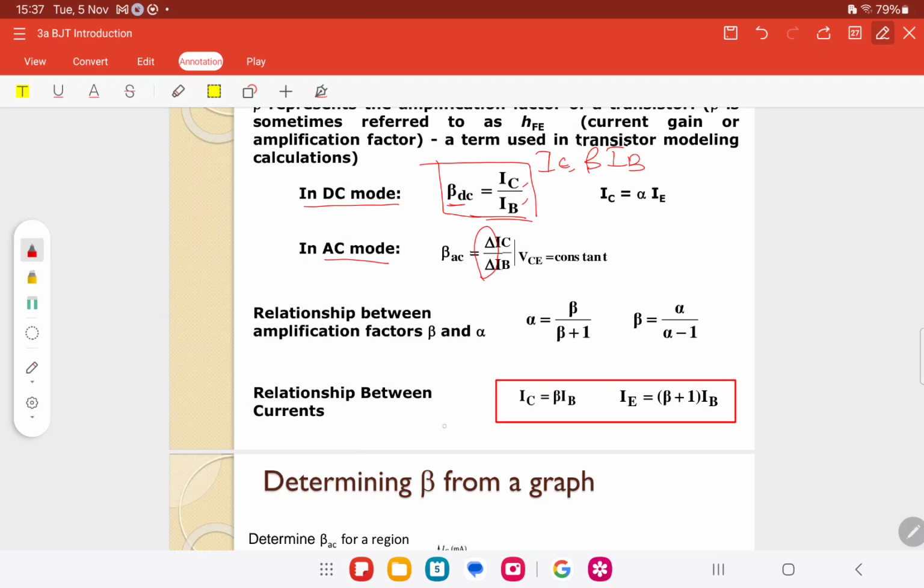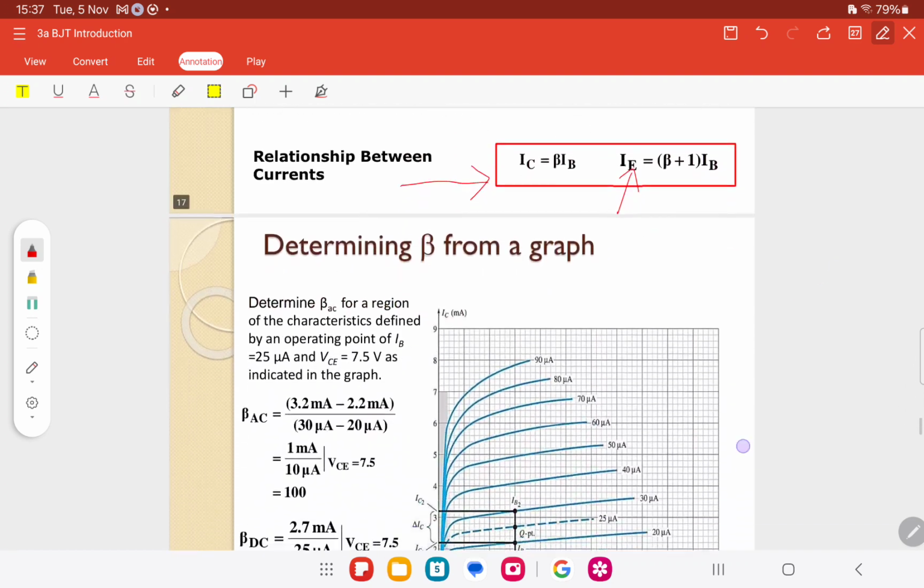This is the important one, the one in the red box. IC equals beta IB and IE equals beta plus 1 times IB. Meaning that once you get IB, straight away you can get the value of IC. Same goes with IE. Just use this relationship.